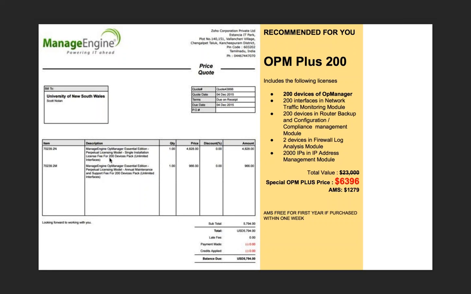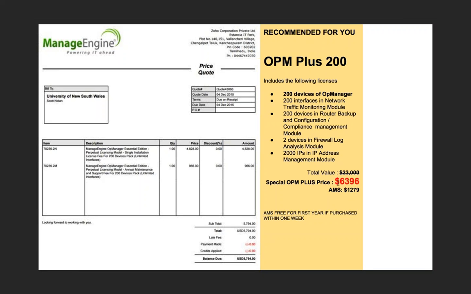Here a 200 device license costs $4,828 for just OpManager. But in OpManager Plus, you get 200 devices in OpManager, 200 interfaces in NetFlow, 200 devices in NCM Device Expert, 2 firewall devices, and 2,000 IP addresses in OpUtils, and the combined pricing will be $6,396.